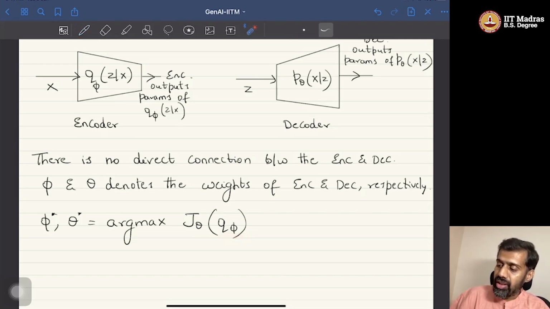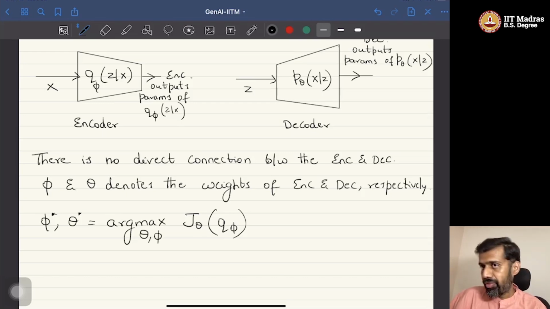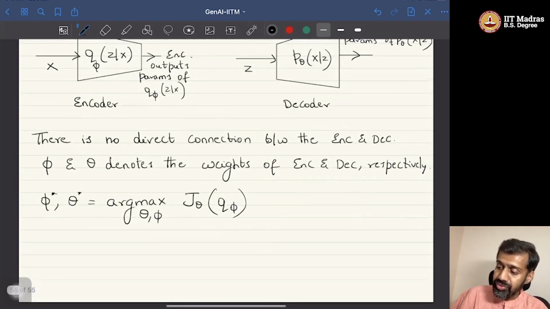The optimization is over theta and phi, and we want to maximize the evidence lower bound. We know what the ELBO is.